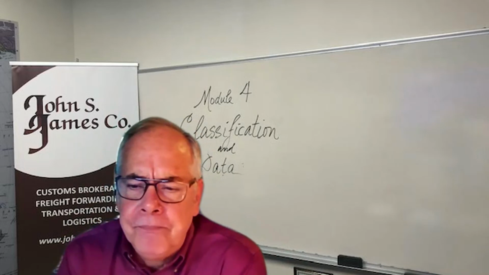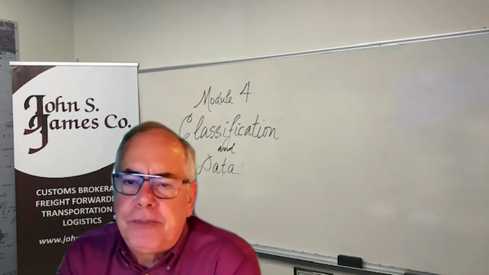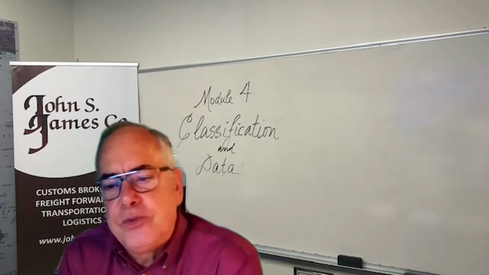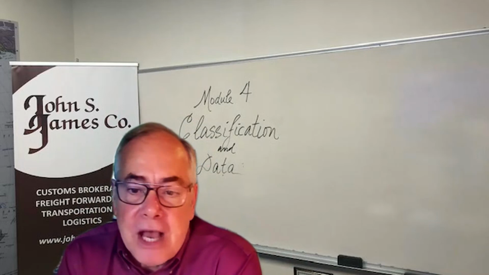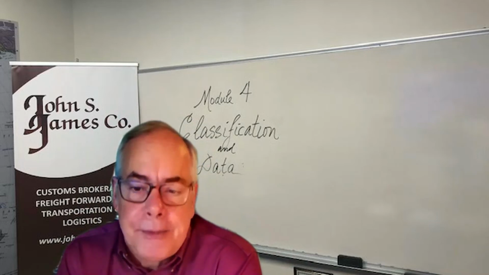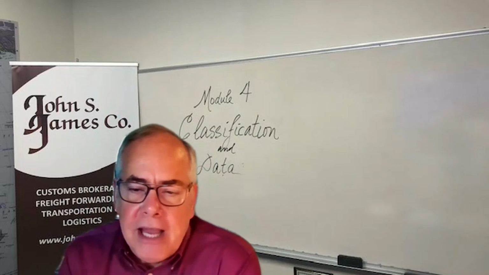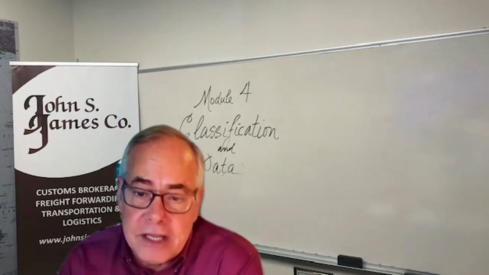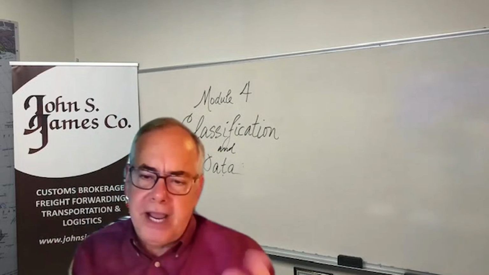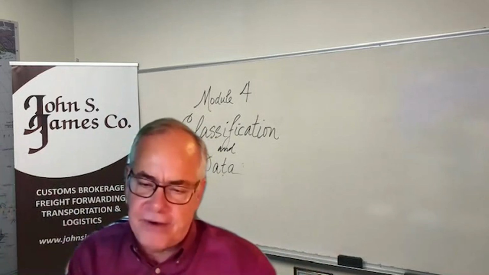So class 2 is basically split up into 3 sections, and then it has one separate little commodity all by itself. But you've got 2.1, which are flammable gases. So think of an aerosol. Like you've got a hairspray and you spray and light the lighter and it lights on fire or whatever.